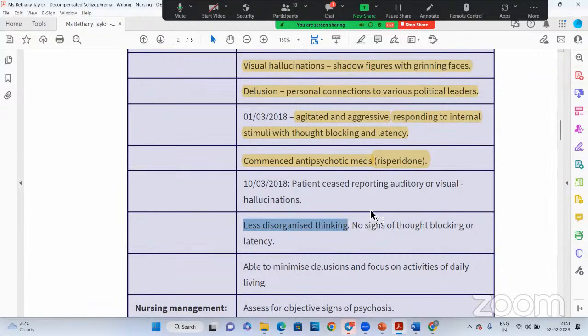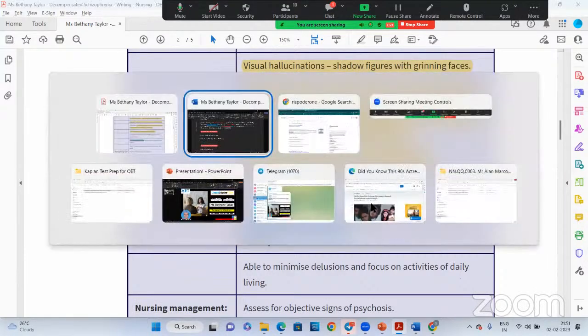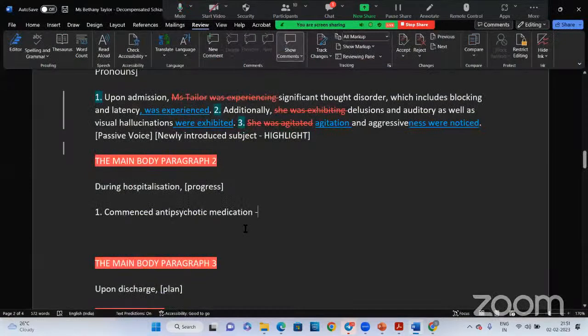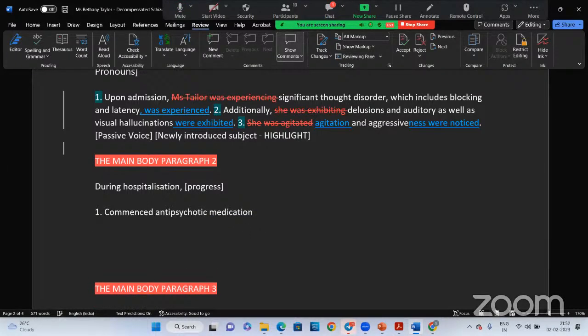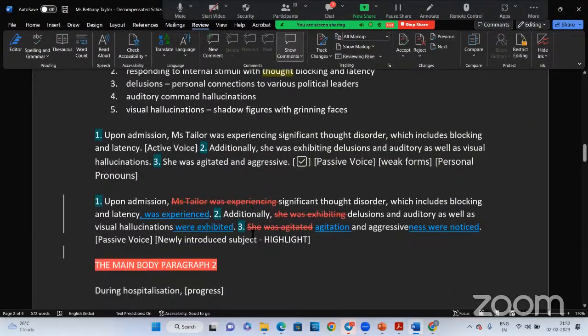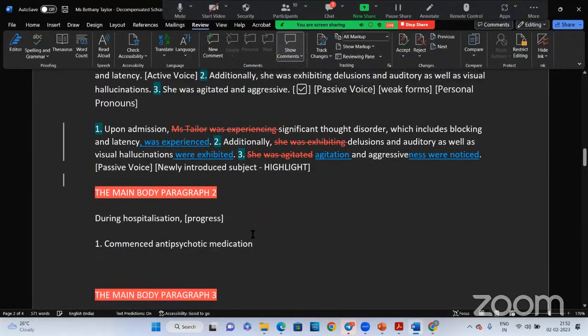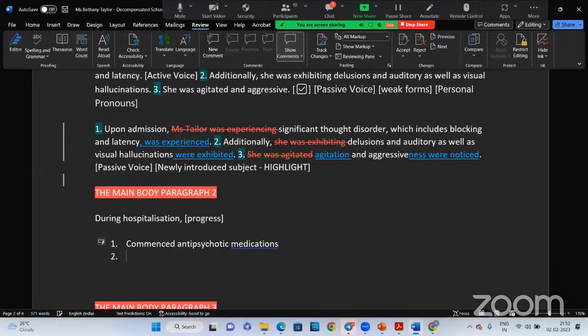Condition has stabilized. So condition stabilized. This is not physical condition, this is mental condition.